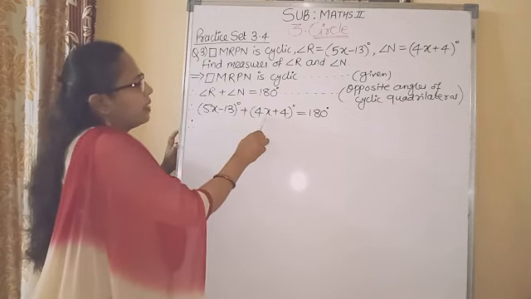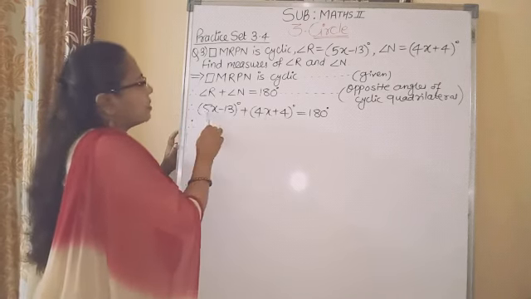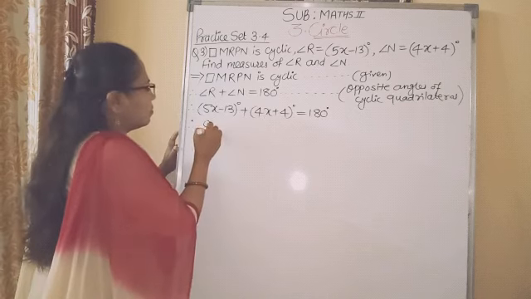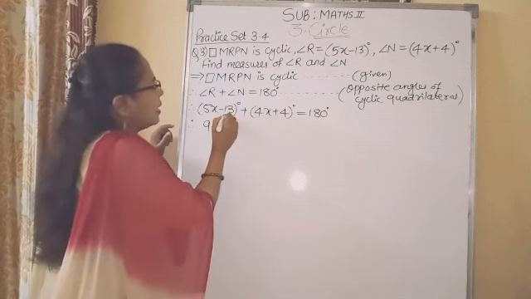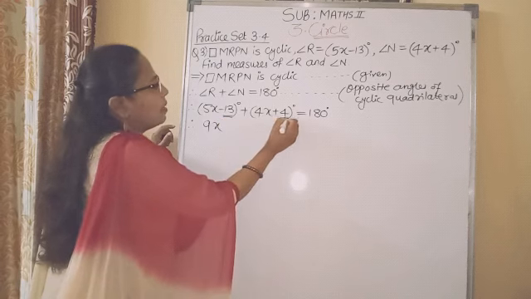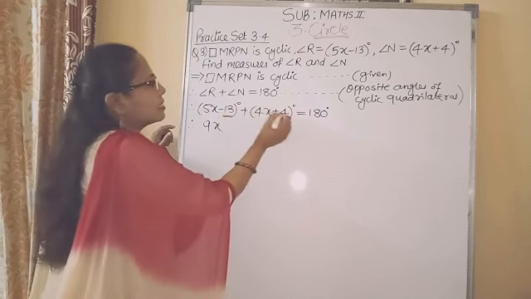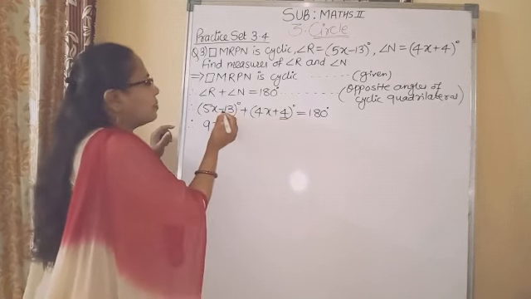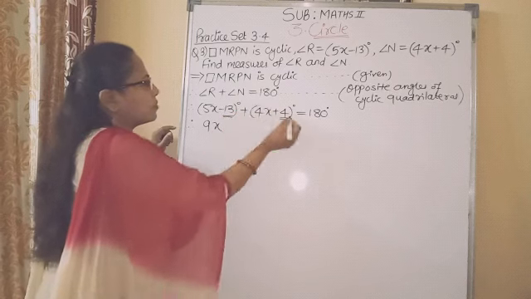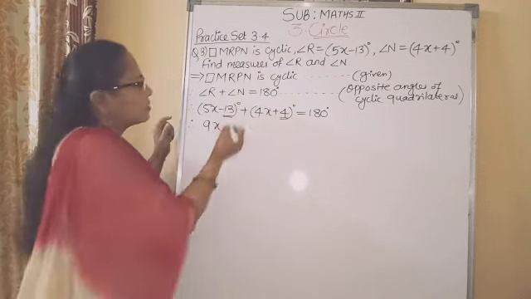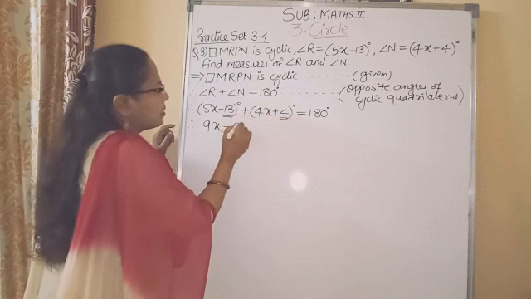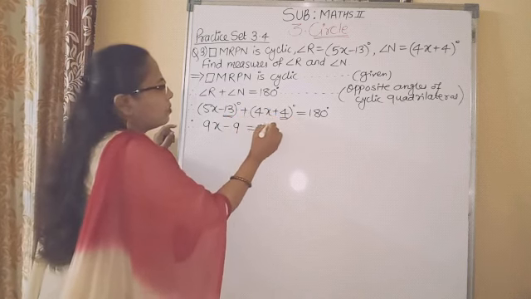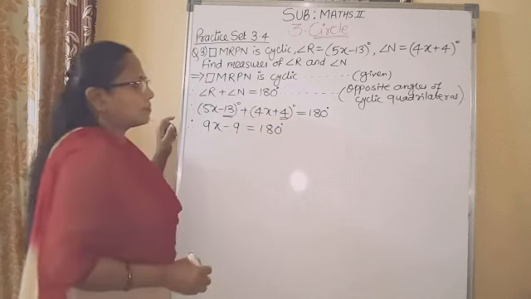5x plus 4x is equal to 9x. Then minus 13 plus 4. One number is negative, the other one is positive, so we have to do subtraction. 13 minus 4 is 9, so minus 9, equal to 180 degree.